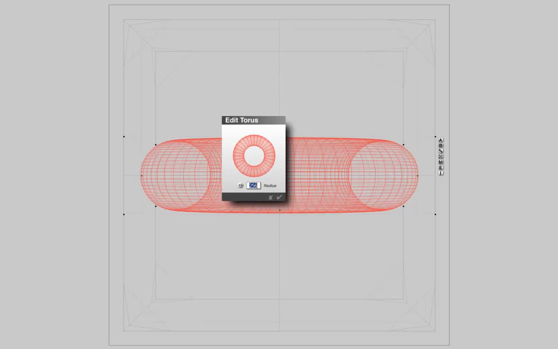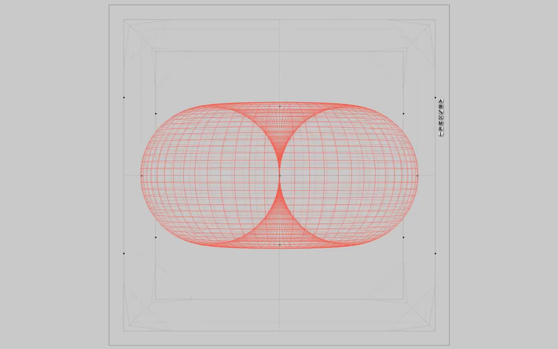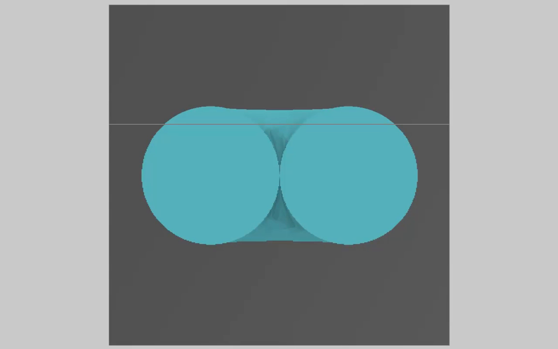Now we will double the diameter, and we can see that we have doubled the diameter of the hose. It is now 512, the radius, which is 5.12, which makes a diameter of 10.24, and the diameter of the whole torus is 20.48, so we can see that the hoses just meet.